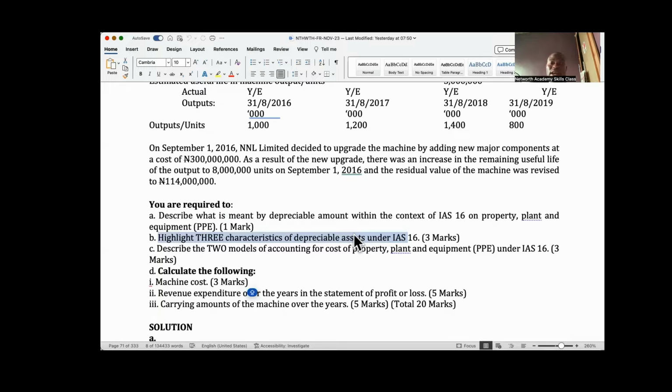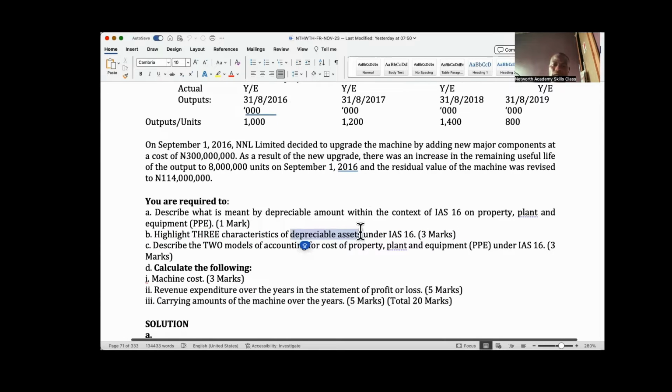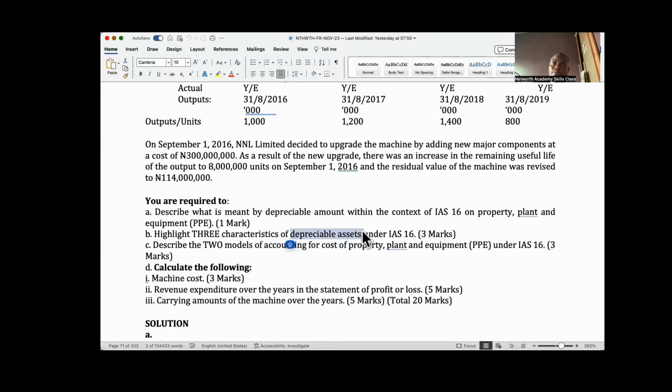And 2 of them, I got from the definition of PPE I gave you: held for more than 1 year, and held for production or supply of goods or services, rental to others, and for administrative purposes. And the other 2 I gave you is that a depreciable asset must have a limited useful life.